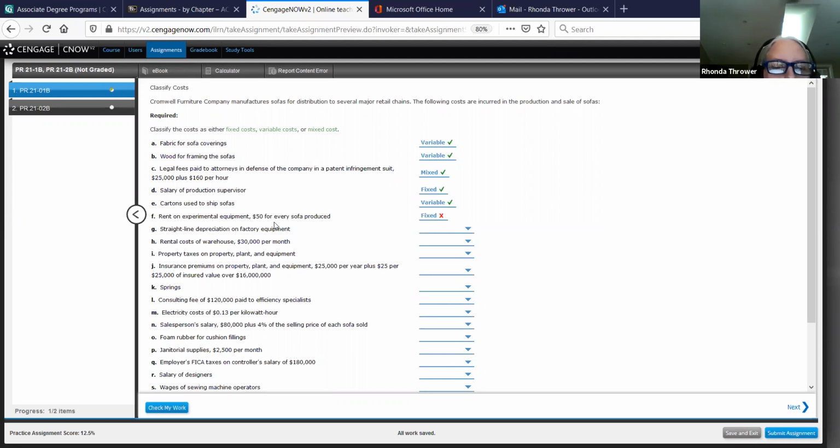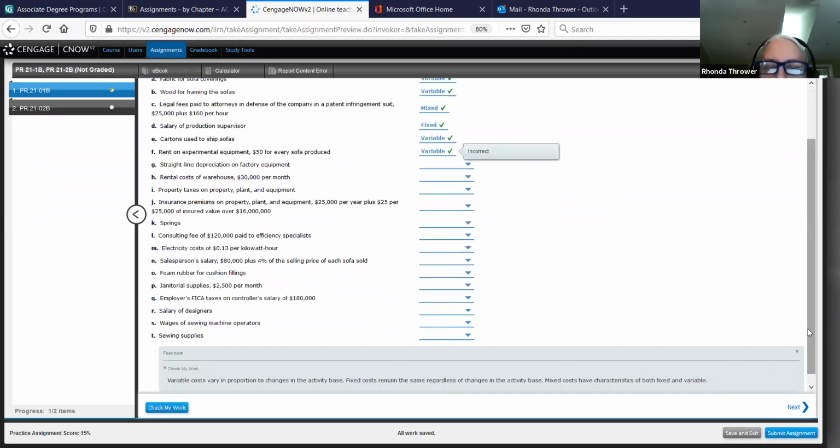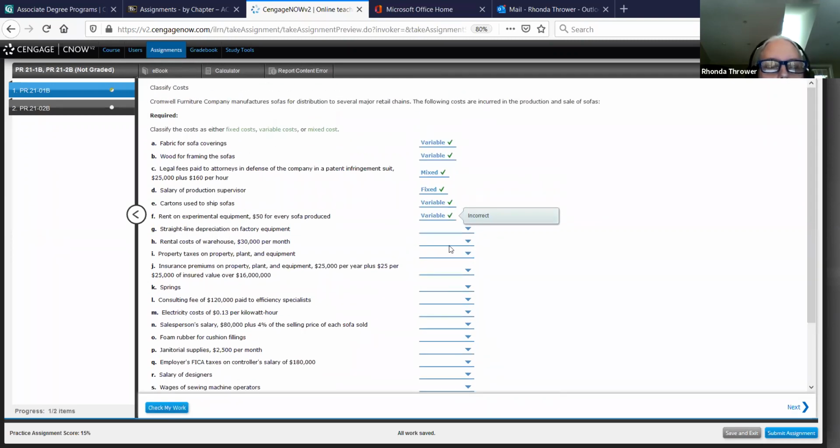But in this case, it is based on every sofa produced. So they were wanting variable cost here. So sorry about that. Even your instructor can make some bad choices when you're looking at these. So just be careful and try to get the basics down as far as what the definitions are for fixed cost, variable cost, and mixed cost.